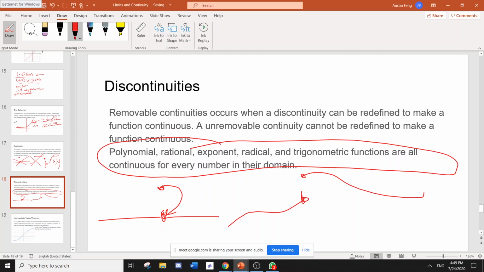We can move it up here, but it won't be continuous. There's no way we can make this continuous without affecting the right side, and we can't do that because we can only redefine a single point. So we say this is non-removable, or unremovable.